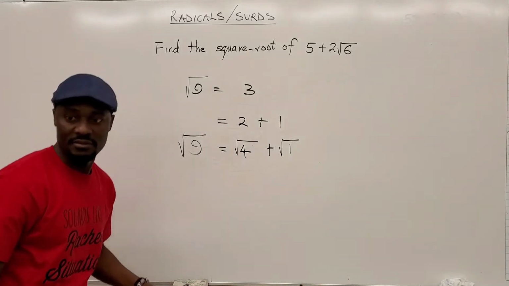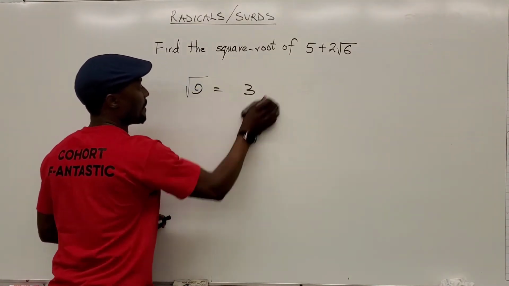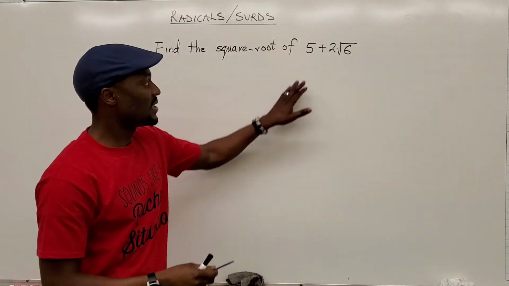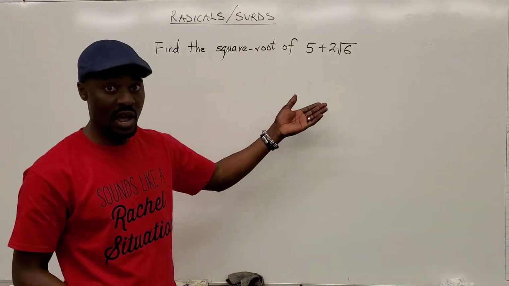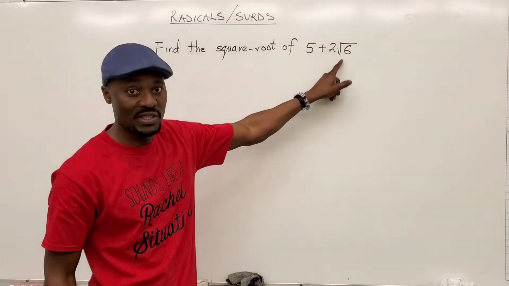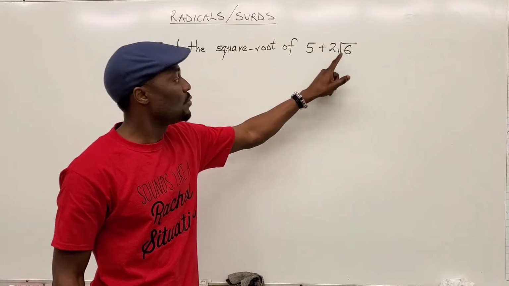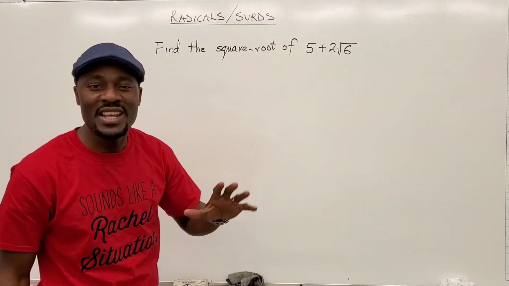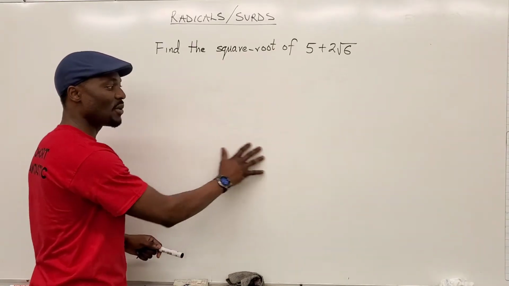So fundamentally, you're going to assume that this is a number. 5 plus 2 root 6, actually this is a number. It's just an irrational number because this is an irrational root. So this is a surd, or a radical. Now, 5 plus 2 root 6, we don't know what exactly it is, but something we know is that it will behave like what I just did.